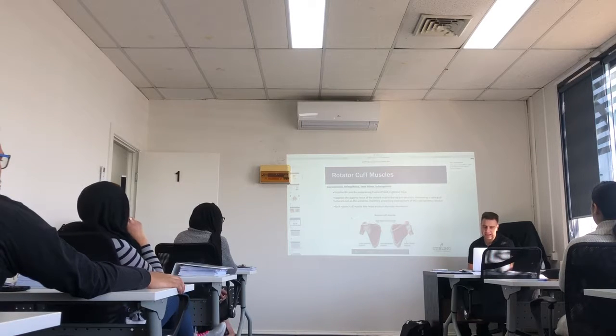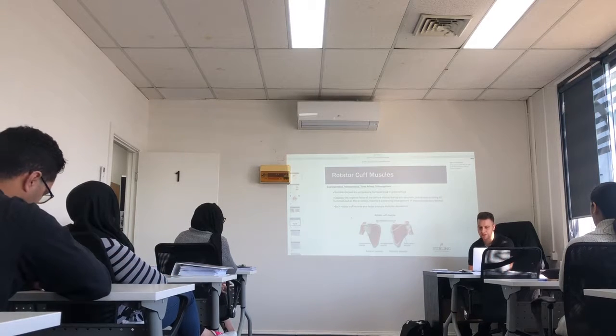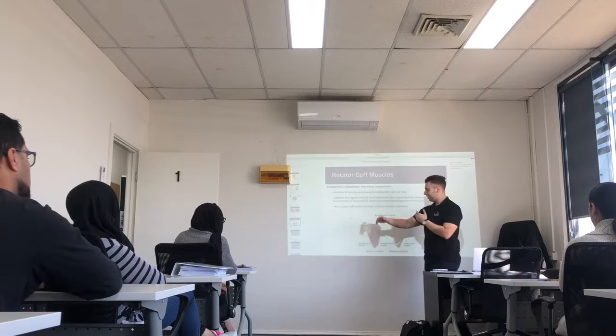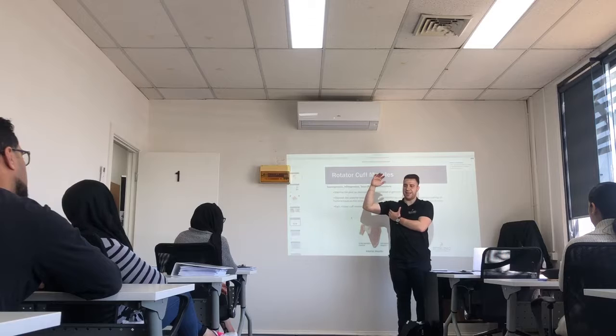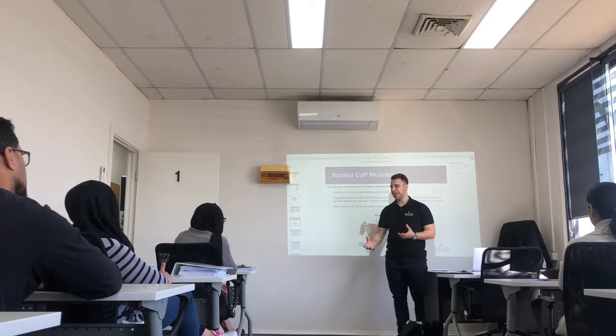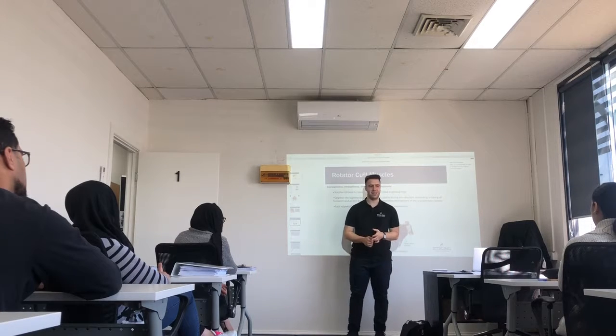Rotator cuff muscles again: supraspinatus, infraspinatus, teres minor, and subscapularis. Subscapularis we didn't touch on before, but you can actually find it underneath your armpit. I'm a myotherapist, that's my background, so it's similar to an osteo and physio in a way.